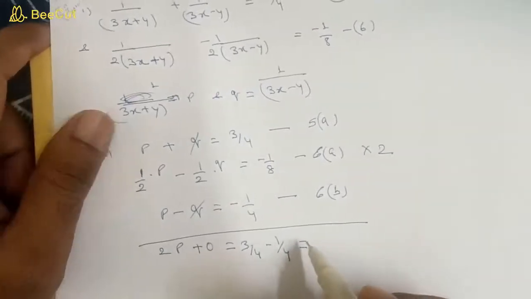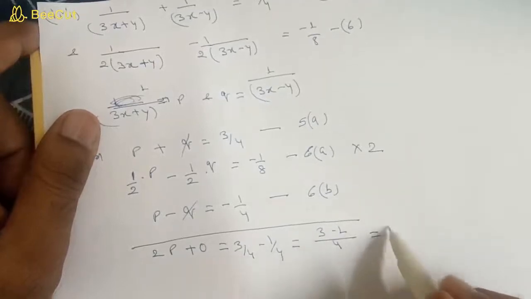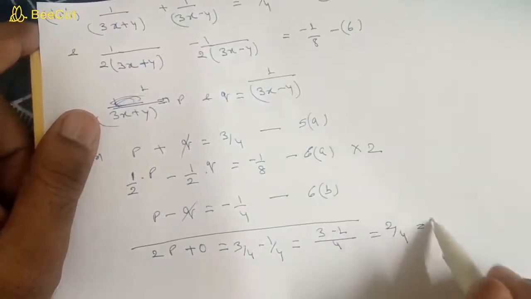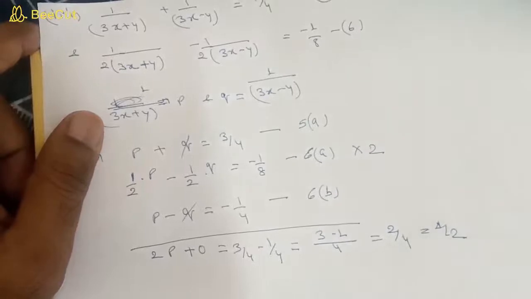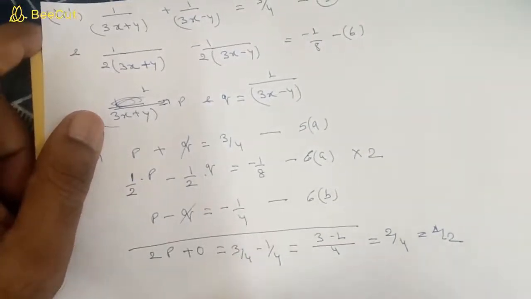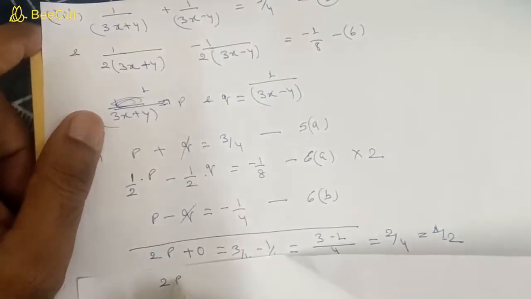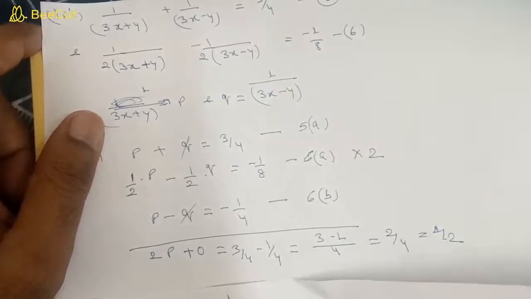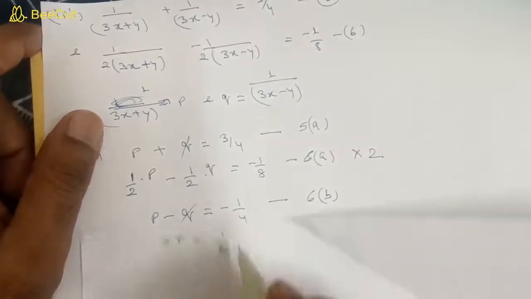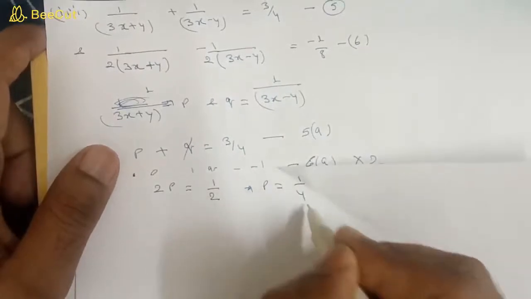So we will get 3 by 4 minus 1 by 4, we will get 4, and 3 minus 1 is equal to 2 by 4 is equal to 1 by 2. So we have got 2p is equal to 1 by 2. So 2p is equal to 1 by 2, so p will be 1 by 4.